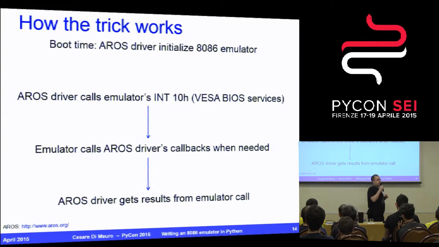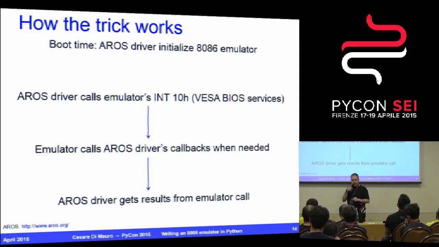How the trick works. Basically, when AROS boots, it initializes the emulator, and then it's ready to accept some commands. So, for example, if you need some VESA service, the proper graphics driver calls interrupt 10 with the emulator, passing some parameters, saying: I need this stuff.